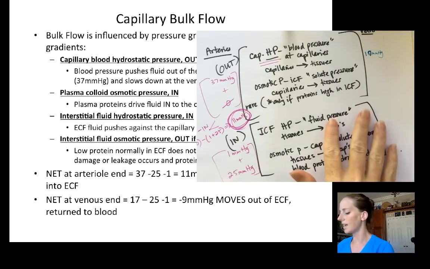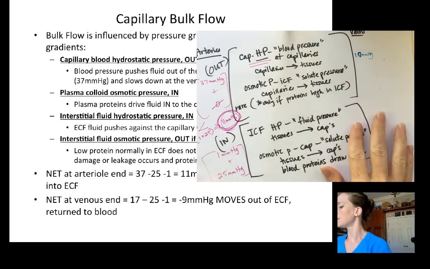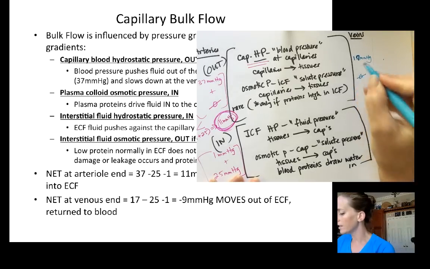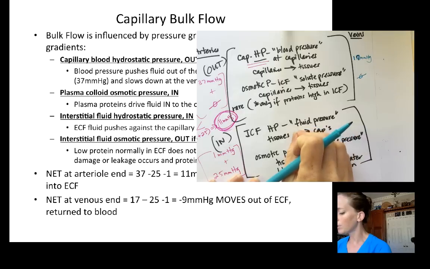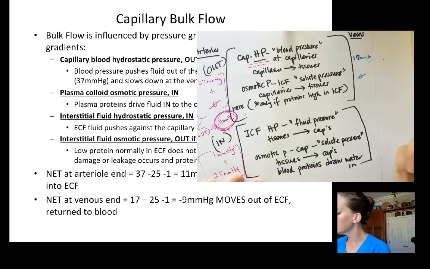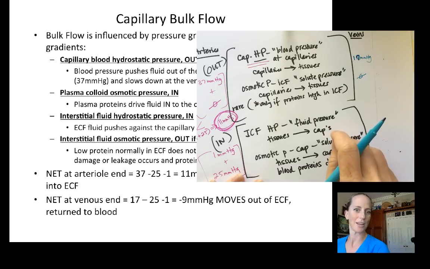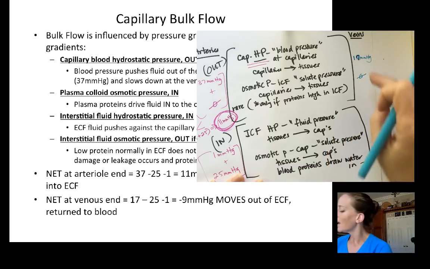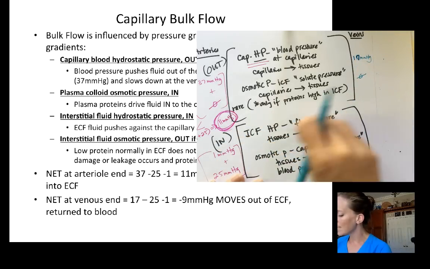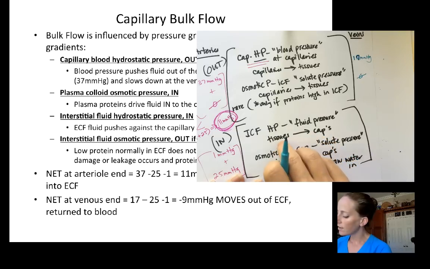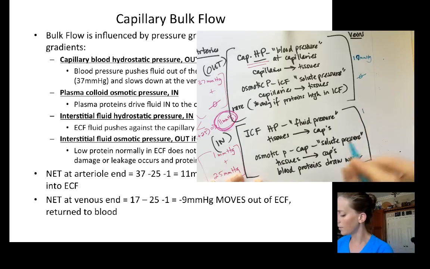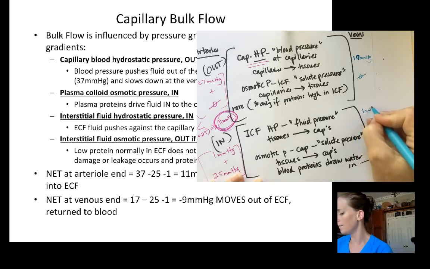At the venous side, we have 17 millimeters of mercury. At the venous side, we still have very little solute pressure pushing out because there's very little protein in the extracellular fluid. Okay, you guys know what I mean, right? 17, 0. And then our pressures in, again, the fluid pressure from the tissues to the capillaries is not going to change much, so about 1 millimeter of mercury there.